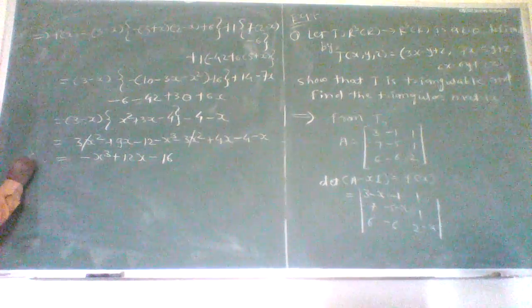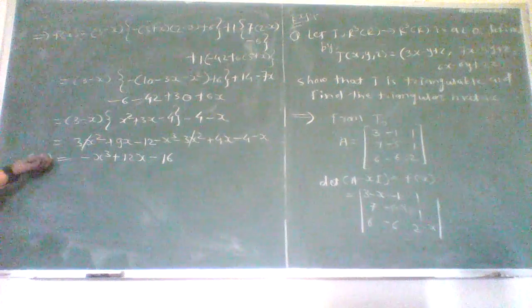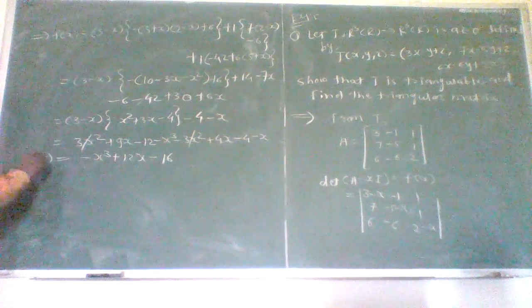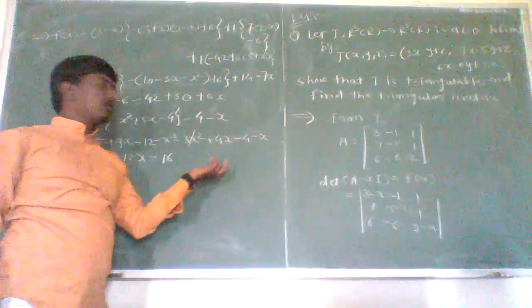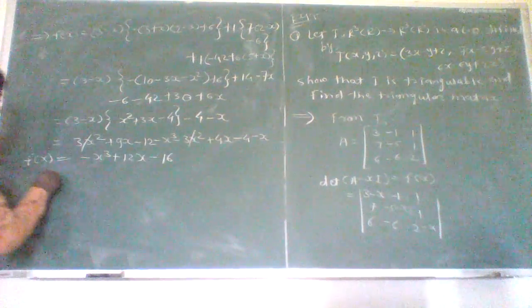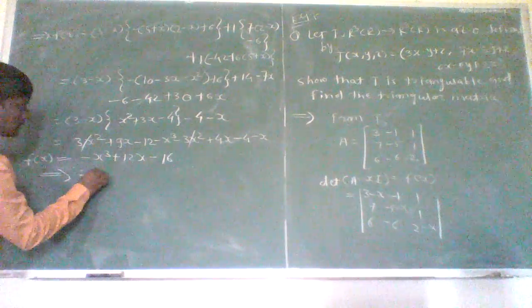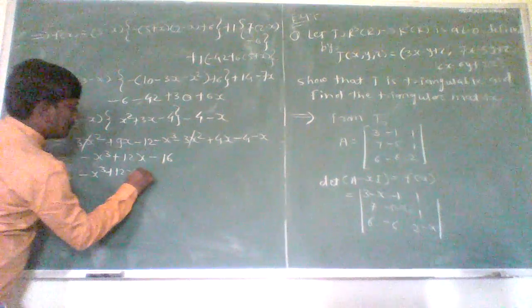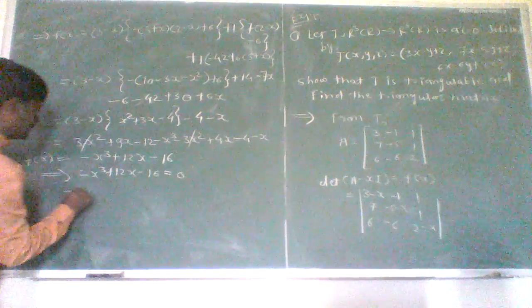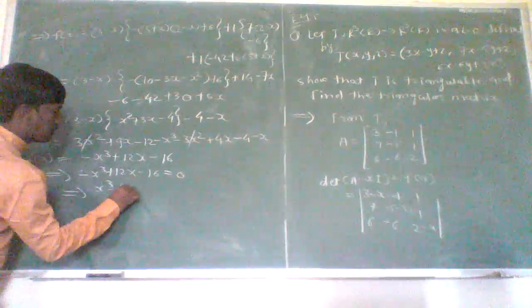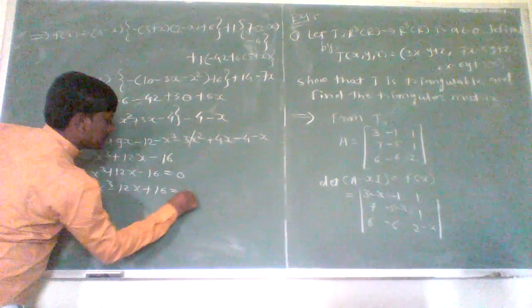Okay, so this one is the characteristic polynomial. Now we have to find its characteristic equation. The characteristic equation means the characteristic polynomial is equal to 0, that is f of x equal to 0, which implies minus x cubed plus 12x minus 16 is equal to 0, which is nothing but x cube minus 12x plus 16 equal to 0.